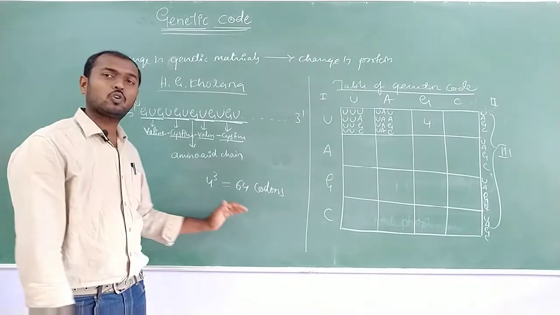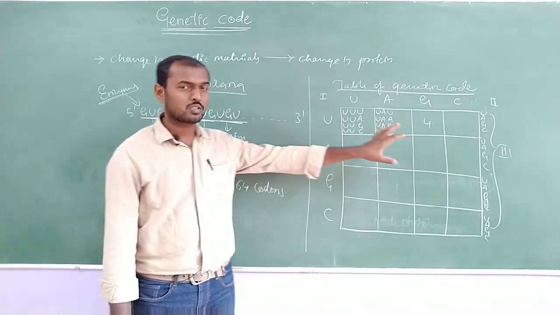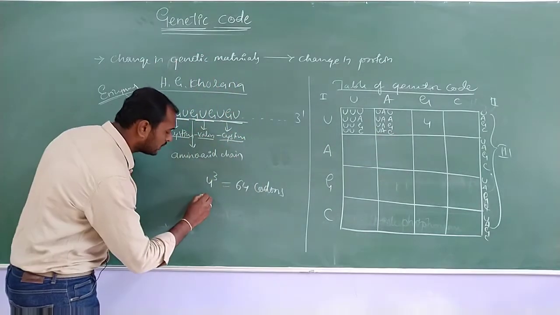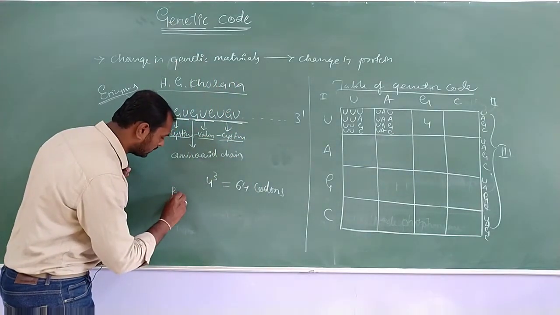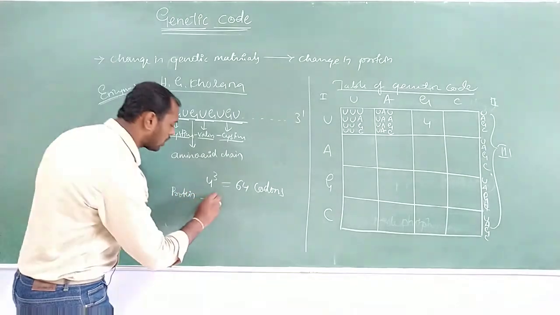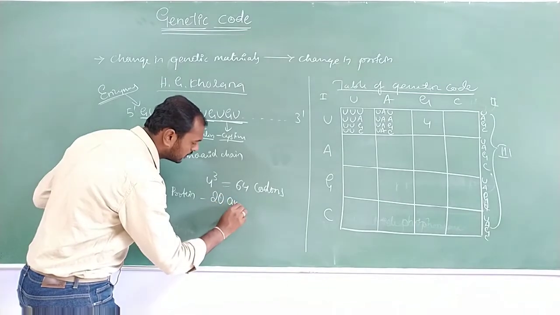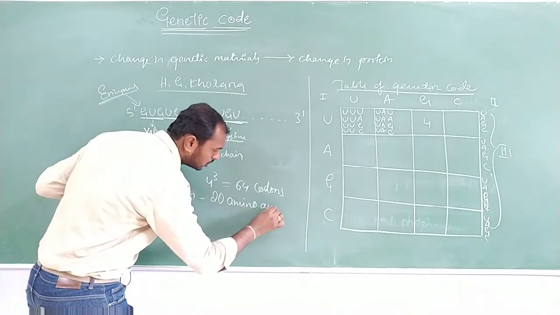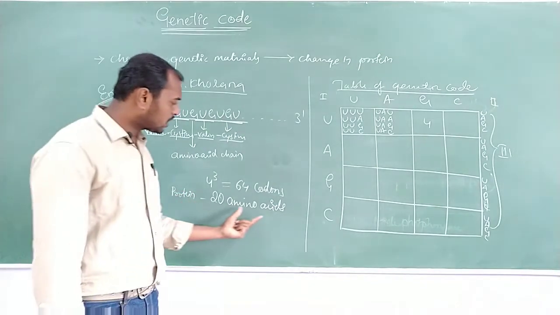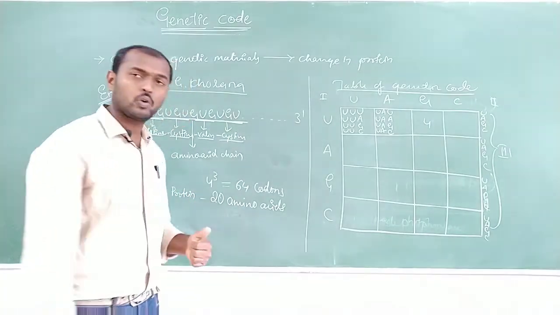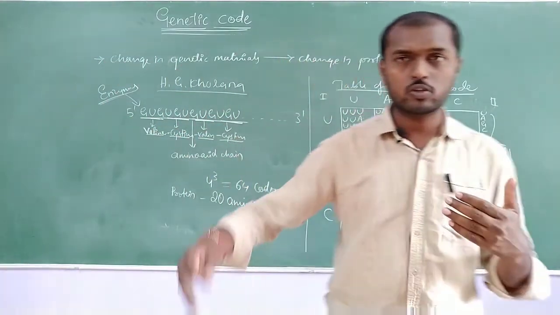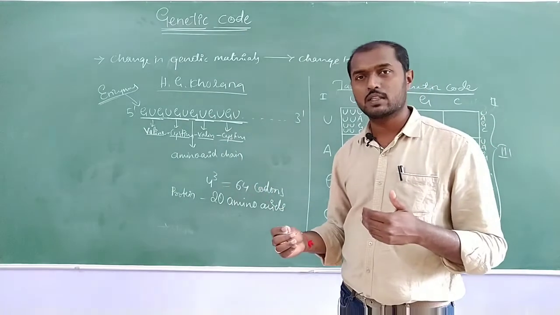All these 64 codons are able to code for some amino acids. Okay, and a very interesting thing is that in case of protein, we are going to get only repetition of 20 amino acids. Now in protein, what we are going to study in the next concept is protein synthesis.